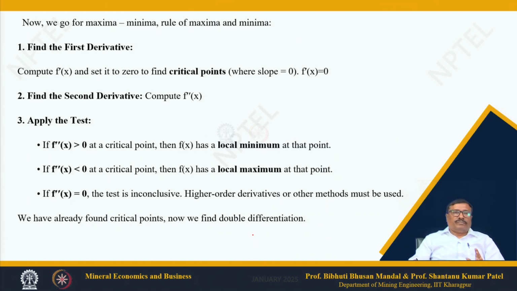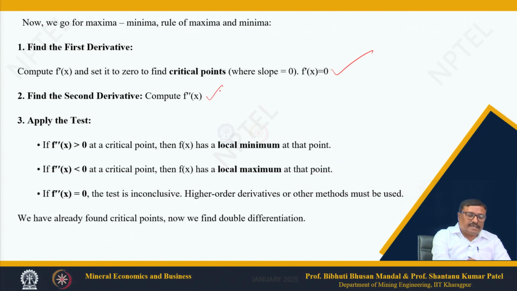So, find the first derivative, step 1. Compute f dash x and set it to 0 to find the critical points where the slope is 0, f dash x is 0. Then we go for the second derivative, compute f double dash x.